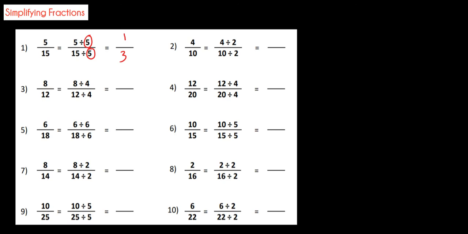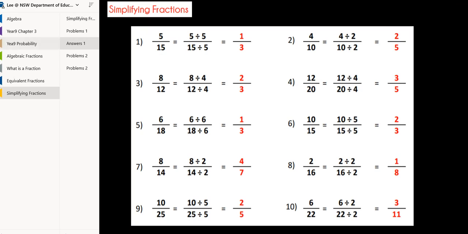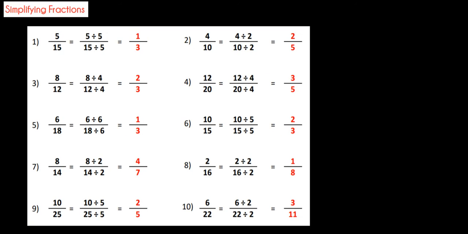Pause the video and off you go on these questions. Hopefully you've done these now, so I would like you to mark your work and give yourself a score out of 10. I'm going to mark my own work. Done very well. I've got 10 out of 10.